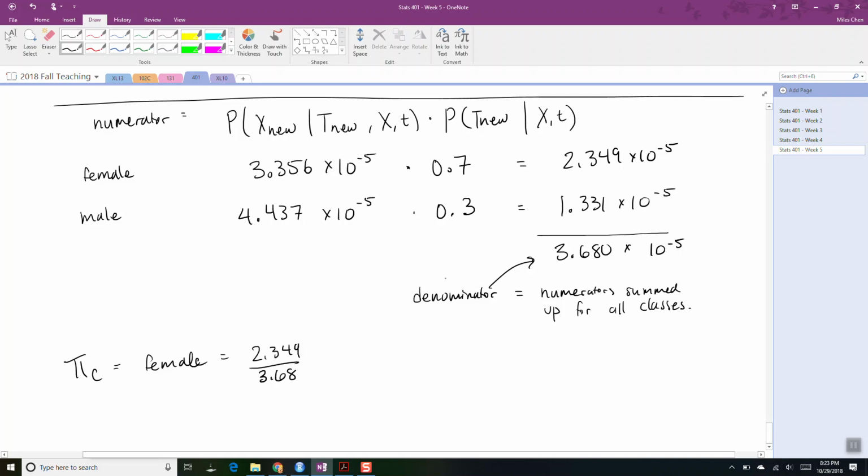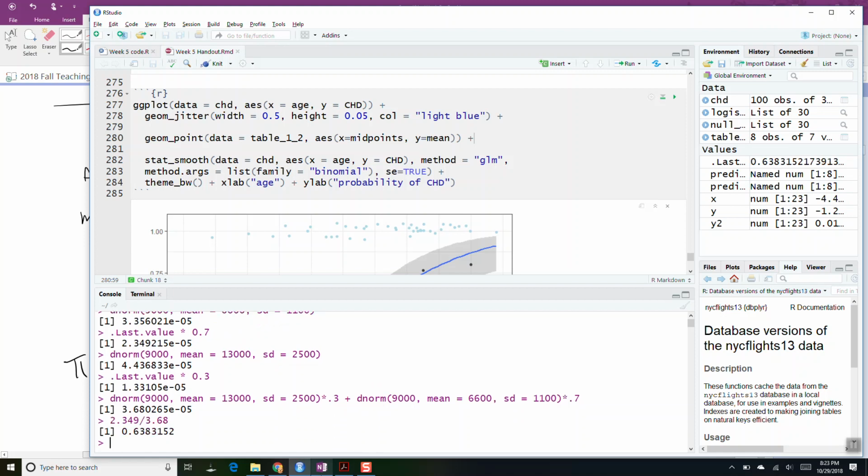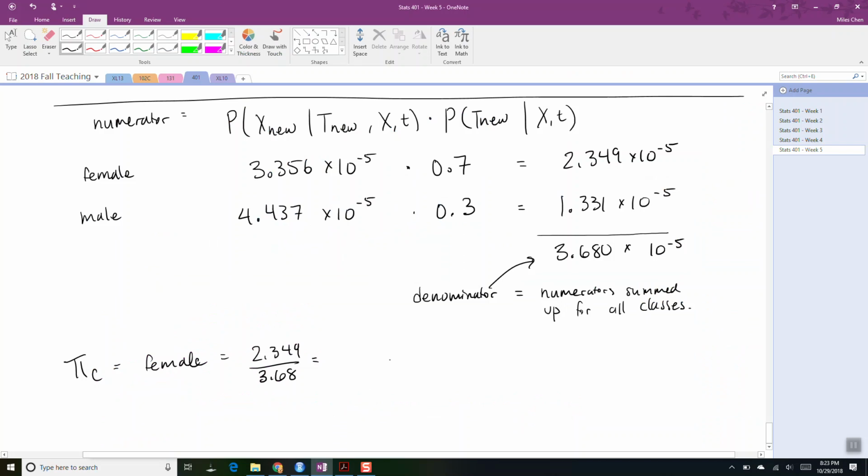I can multiply by 10 to the minus 5, but they're going to cancel out, right? So 2.349 divided by 3.68, okay, I get 64%. And that means the male is going to have to be 36%, but this will be 1.331 divided by 3.68, and that'll give me 36%.